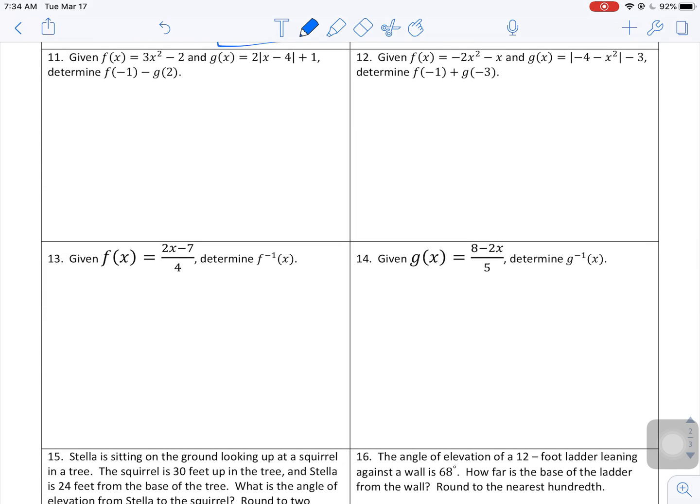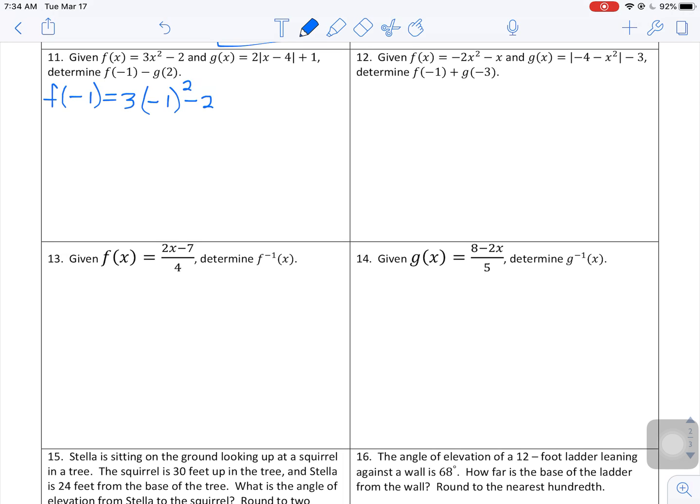On 11, we want to do some evaluation of functions. So if I want to do f of -1 minus g of 2, I'm going to evaluate the f function when x is -1. So let me start with that. So f of -1 equals, and then wherever I see an x, I'm going to plug in a -1 in parentheses.